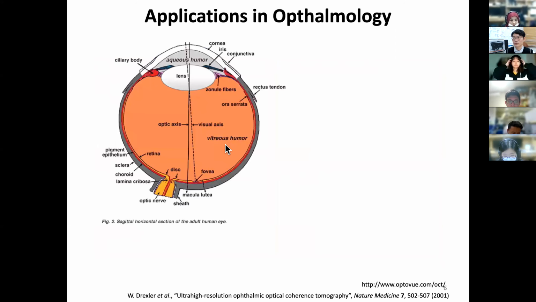All right. So I want to start by sharing how these applications look. So first, the eye. The most accessible organ, where light can go deep inside, in this case, the eye. You know that the fovea is the place right near the center.